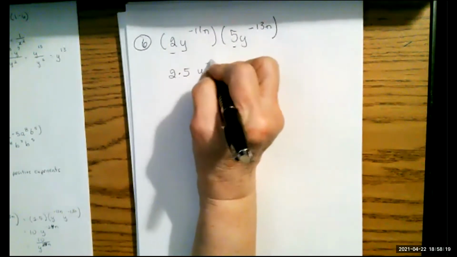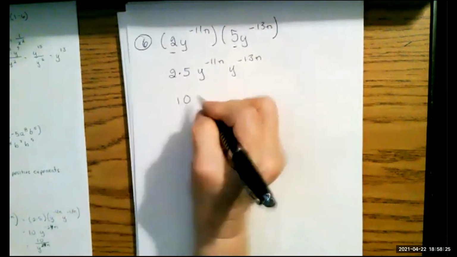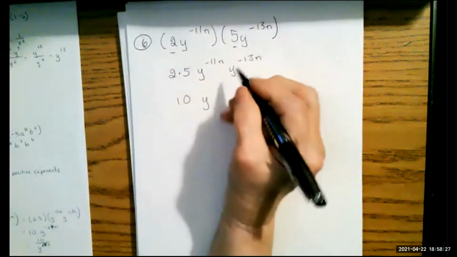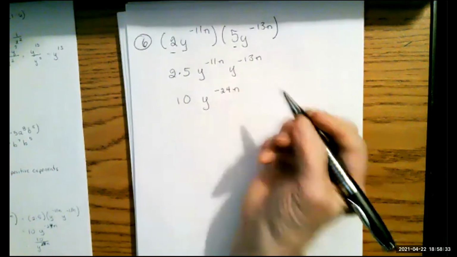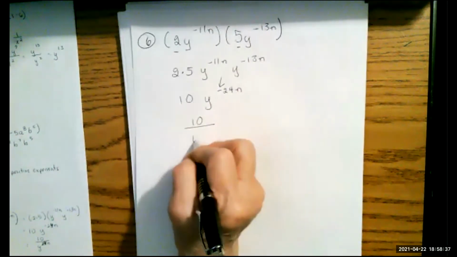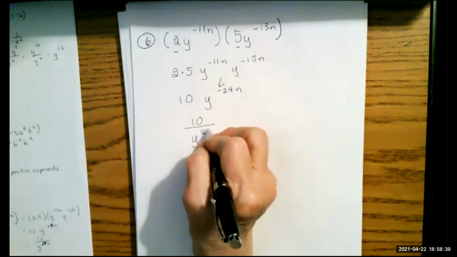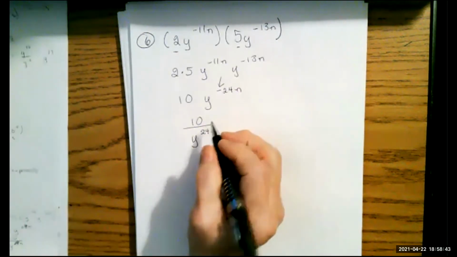And we have y to the negative 11n and a y to the negative 13n. So 2 times 5 is 10. And if I add these together, I get 24. That's negative. And then this is negative, so I'm going to have to put it on the bottom. So y to the positive 24n. There's your answer.